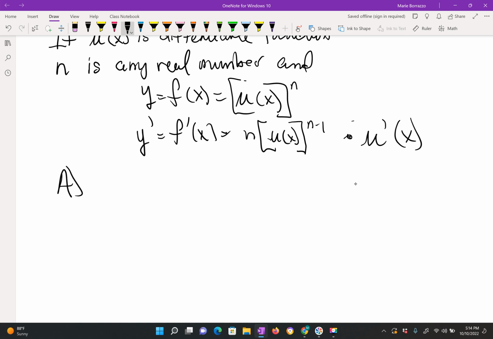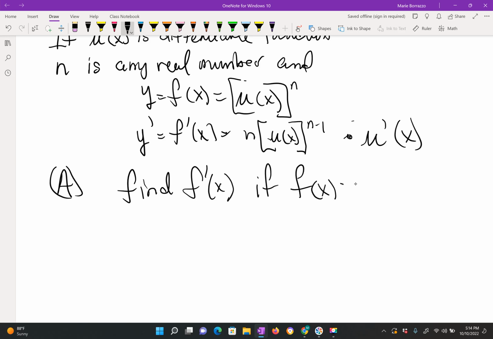Okay, so we start with a simple one, really. Find the first derivative if you have a function f of x which is equal to 3x plus 1 to the 4th power.